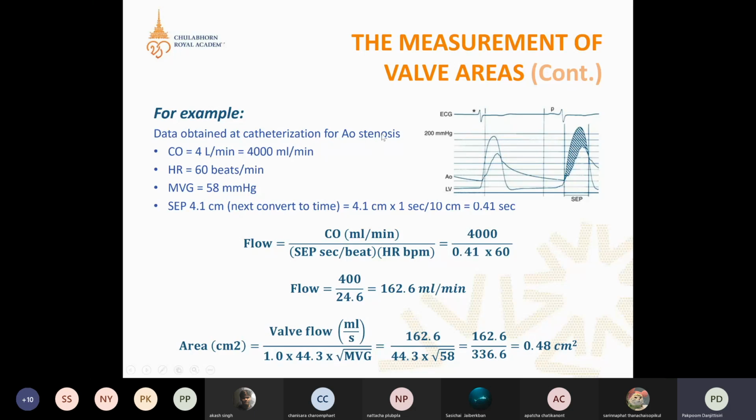The aortic valve has 3 leaflets, so the constant C would be 1. After that, multiply with the square root of the mitral valve gradient, 58 here. So the final aortic valve area calculation is 0.48 square centimeter.